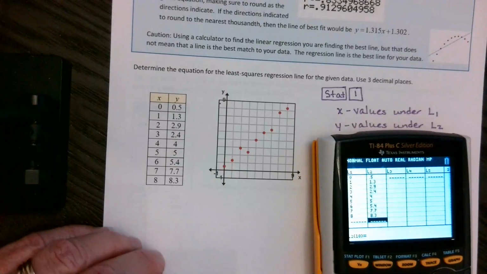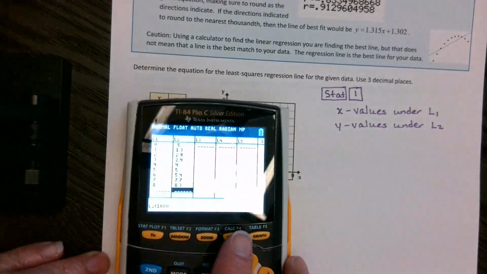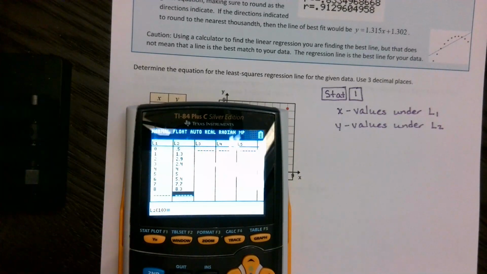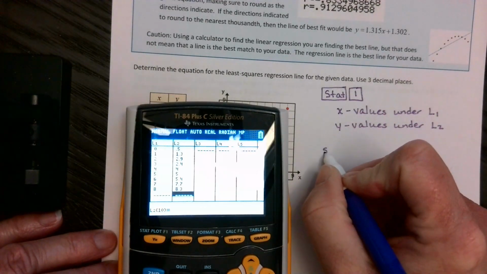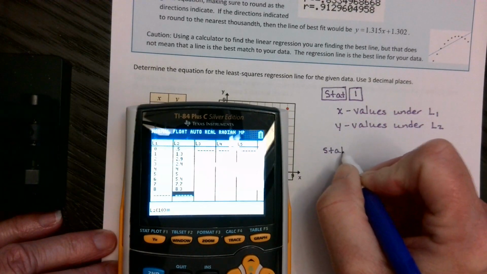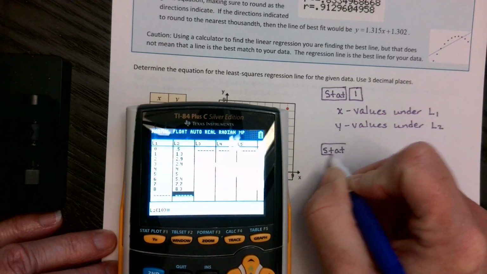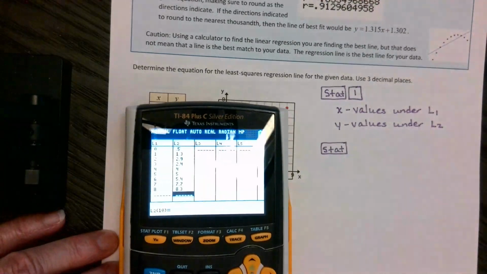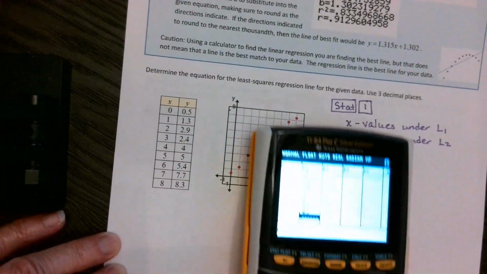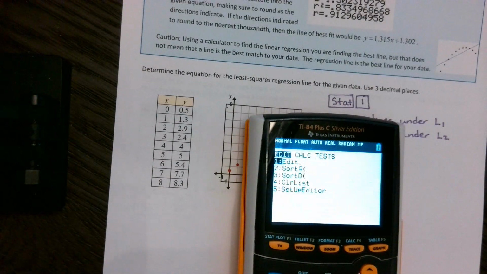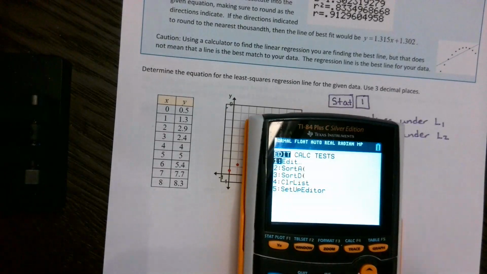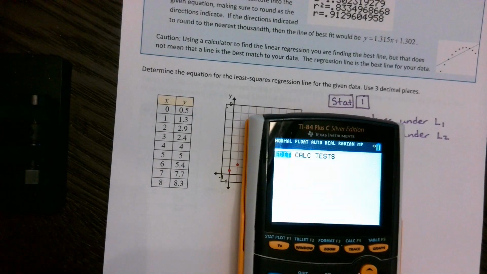So here's what you want to do. Now you want to hit your stat button again. And when you hit your stat button, you want to use your right arrow key to go over to calculate.